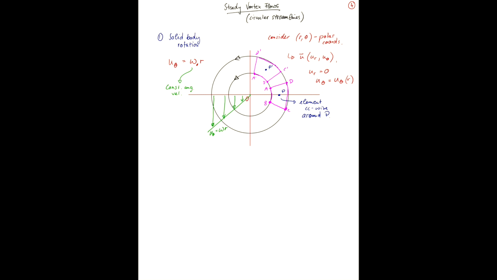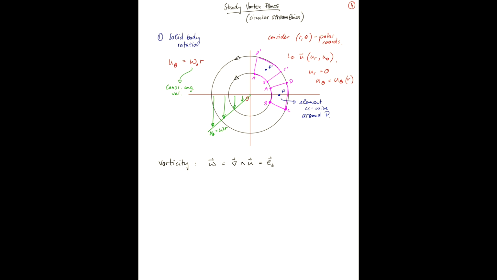Counterclockwise around P. Now, the vorticity of this flow is readily computed. Omega is the curl of u. And now you have to compute the curl of u in polar coordinates. We can show that this is Ez, the basis vector in the z direction.